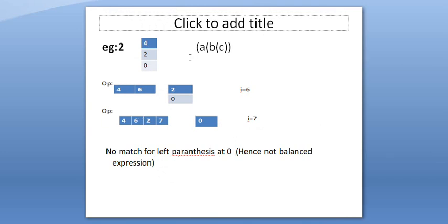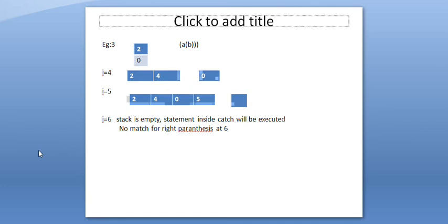This will be the situation. Example 2 is when you have fewer right parentheses and more left parentheses. The last example depicts when you have fewer left parentheses and more right parentheses. So this has the size 1, 2, 3, 4, 5, 6, 7. The size is 7 again.